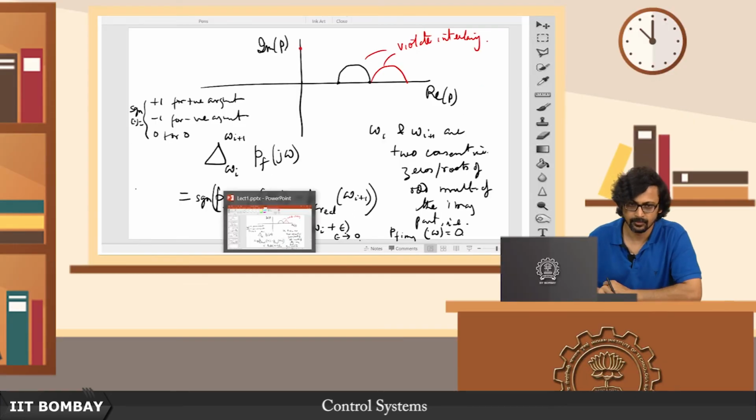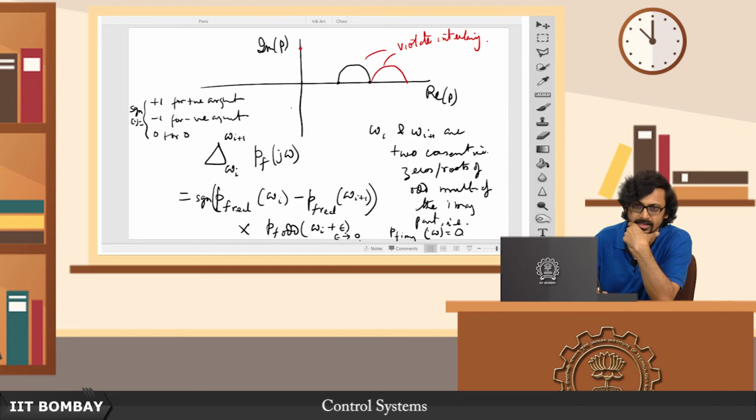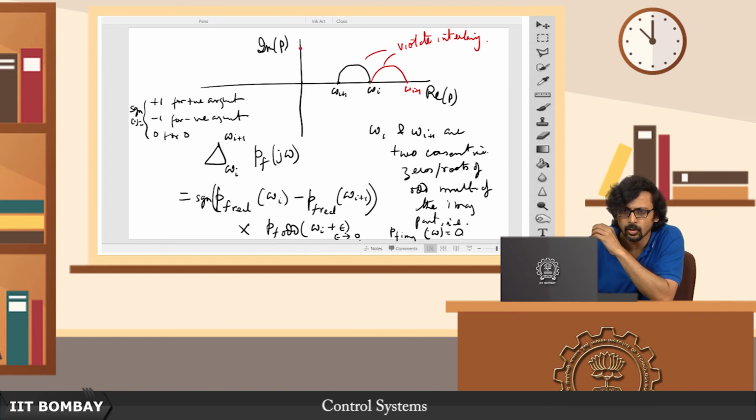Notice how this holds. I will just give you an illustration of why this is true. Notice these two cases which violate interlacing, what happens? If this is your omega i and this is omega i plus 1, whichever way it is, I do not care really. If you have encountered two roots of the odd part without encountering a root of the real part in between, then this is how your plot of P(j omega) would look.